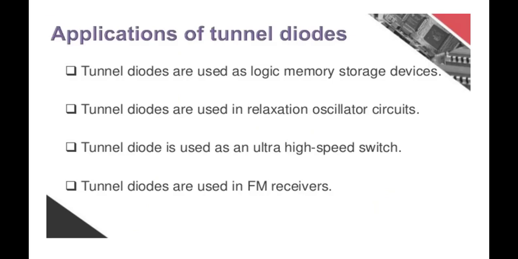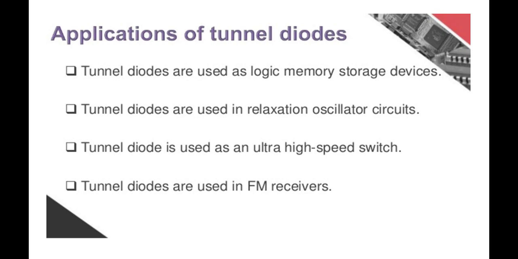And the tunnel diode is used in ultra high speed switching, because the switching time is very short and it is very fast to operate. That's why it is used in ultra high speed switching. Tunnel diodes are also used in FM or AM receivers, to tune the frequency where they get a strong signal, and then they receive the signal.